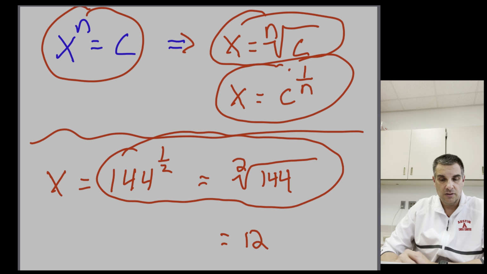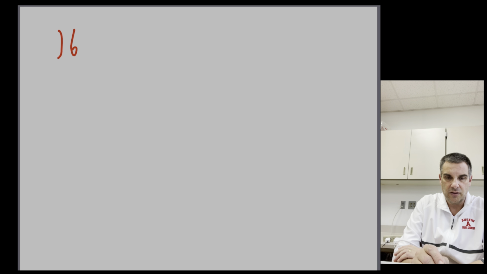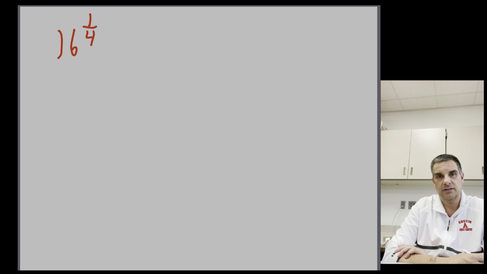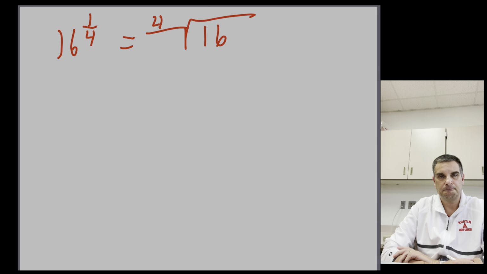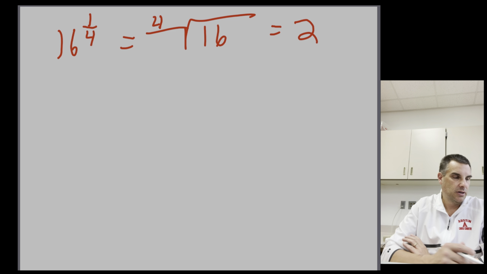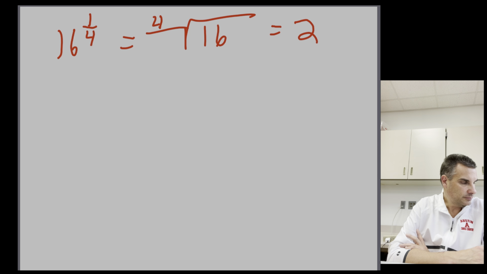Okay. Another example would be, say that we have 16 to the 1/4. I could rewrite that as the fourth root of 16, which we've already said is just 2.